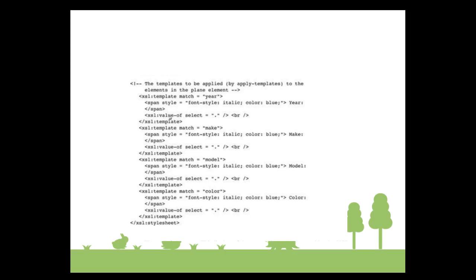Again you are specifying the value-of element, with the select attribute set with the value dot, that means the current element, apply this to the current element. In that way you have applied the style information to all the sub elements of the root element plain: year, make, model and color.